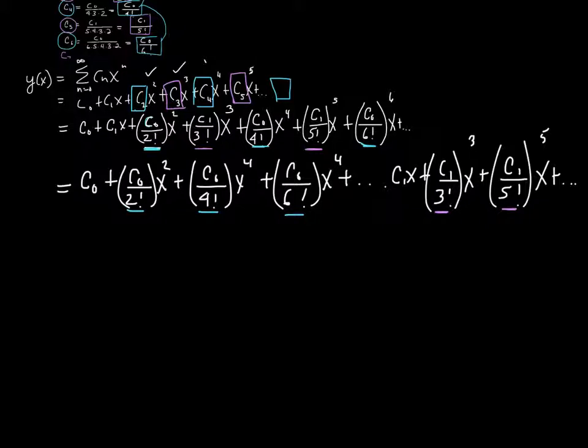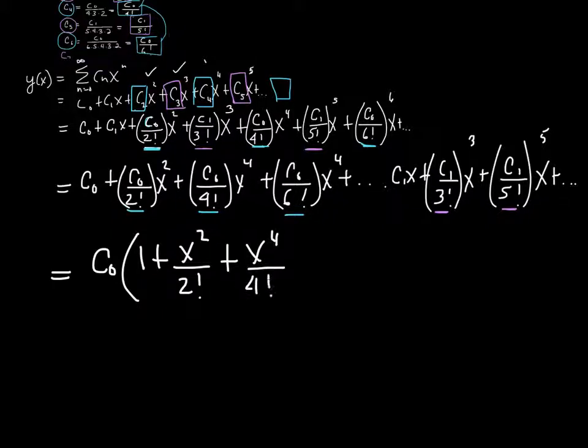I'm going to factor out a C naught here because we can: 1 plus x squared over 2 factorial plus x to the 4th over 4 factorial plus x to the 6th over 6 factorial plus dot dot dot.